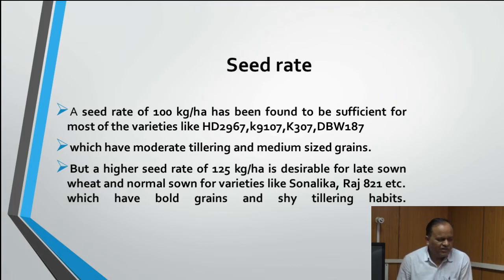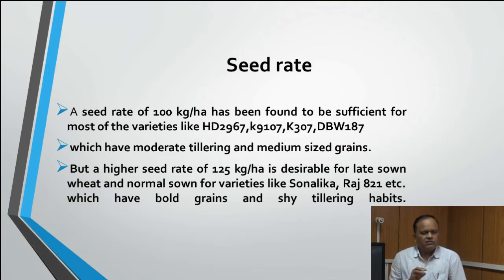A seed rate of 100 kg has been found to be sufficient for most of the dwarf varieties like HD2967, K9107, K307, DBW187. So for the timely sowing condition, 100 kg seed is sufficient for most of the dwarf varieties of wheat.